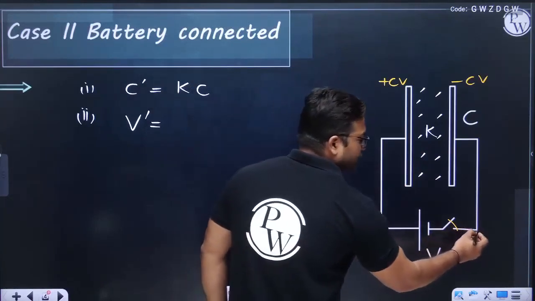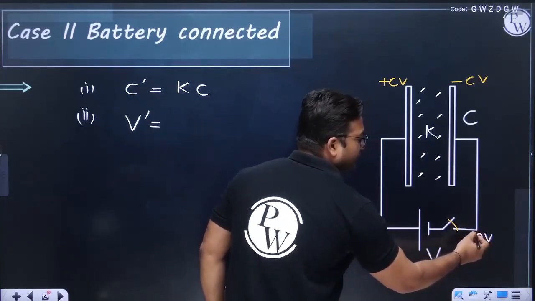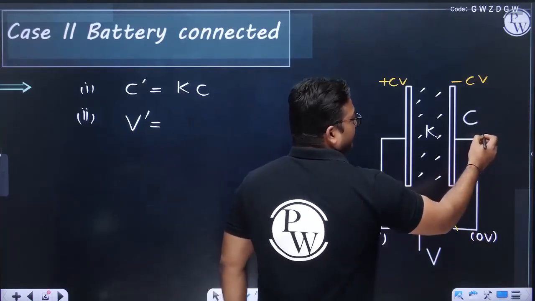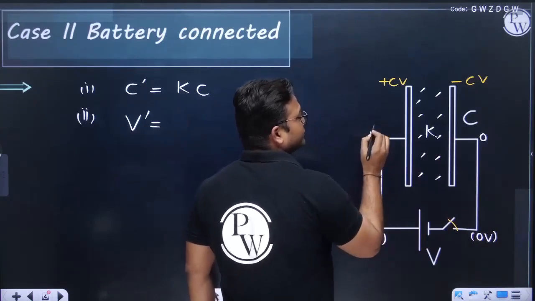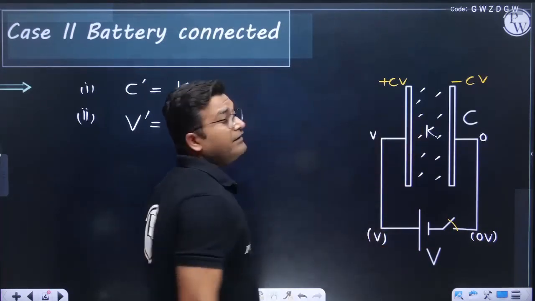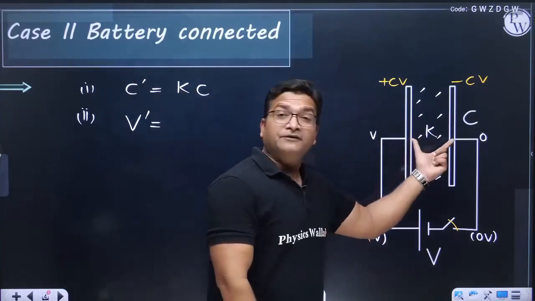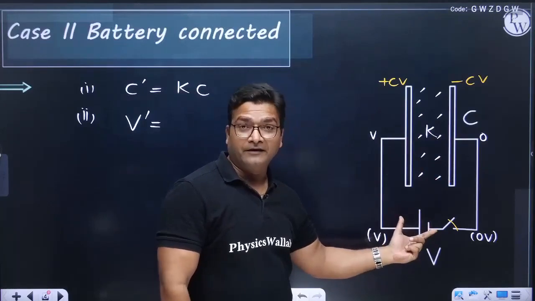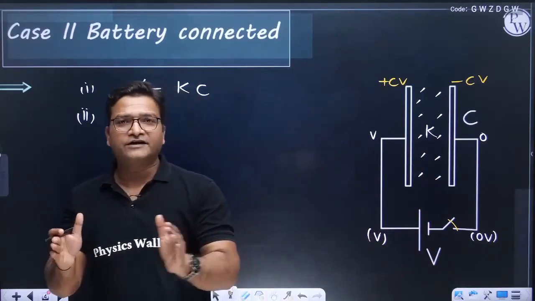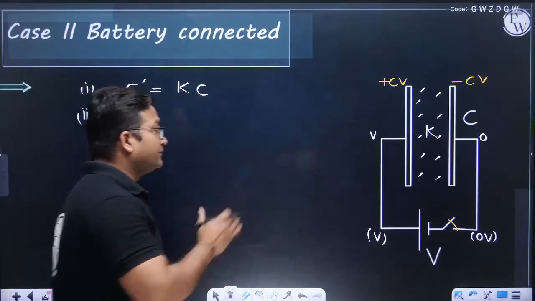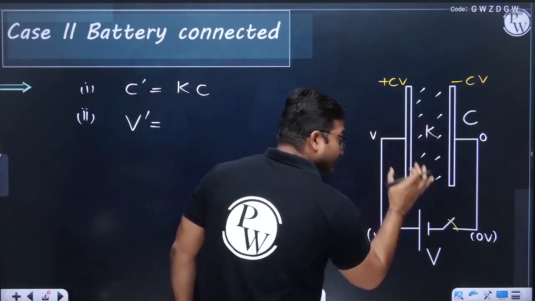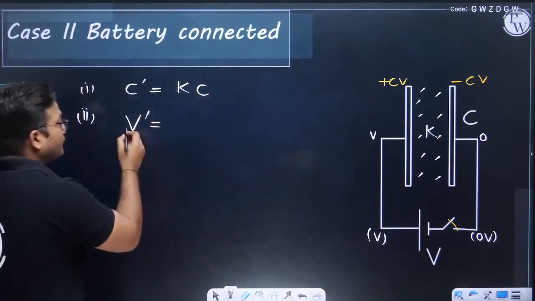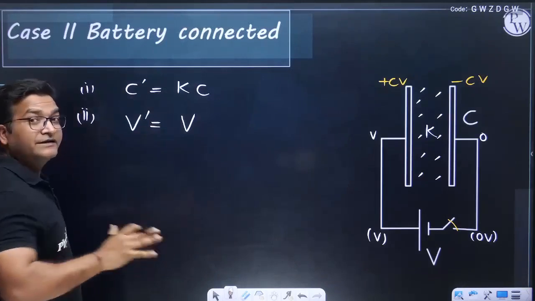If the potential of this point is 0, obviously this point's potential is going to be V. So whatever change you make here, the potential difference across the capacitor is going to remain V, because it is connected to a battery, and a battery maintains a constant potential difference across it. So when the capacitor is connected to a battery, the potential difference across the capacitor will remain the same. So V dash is equal to V. There is no change in potential.